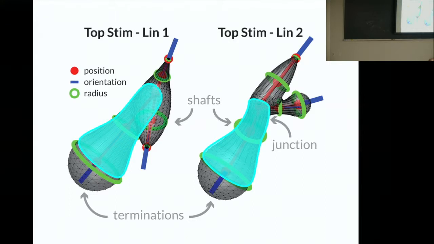And then the other parts of these stimuli that define high responses were these shafts leading into these terminations. Of course, these are highly correlated in our stimulus set, and in the natural world, there are naturally going to be high correlations between parts of shapes that are necessarily connected.